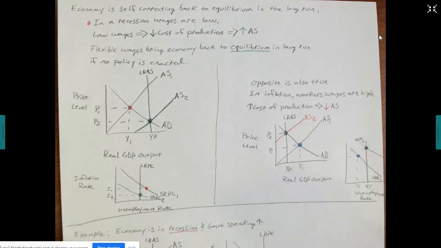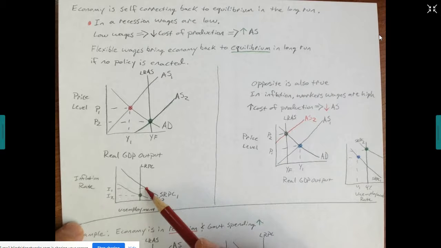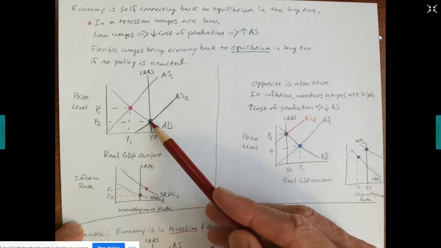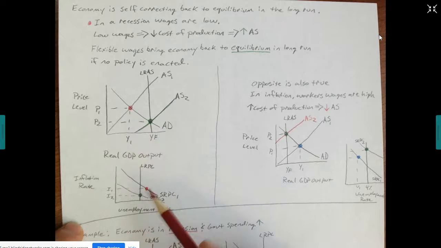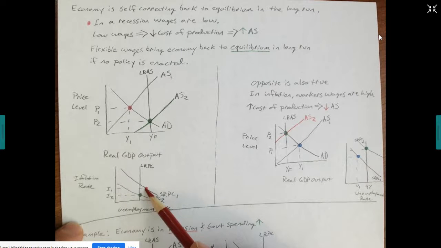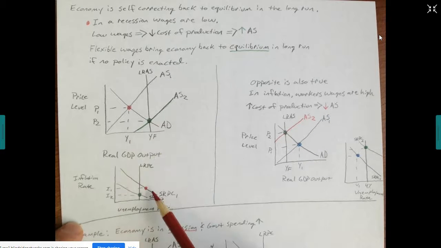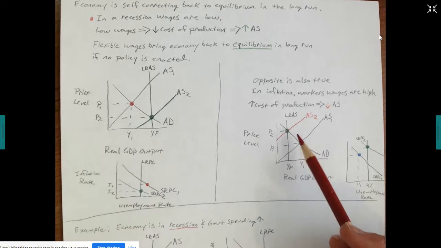On the Phillips curve, it would be illustrated in the following manner. Our economy would start off in a recession with higher levels of unemployment and a relatively higher price. As supply increases, prices drop as things become more plentiful, so therefore inflation drops. Real output increases, more workers, so therefore unemployment decreases.